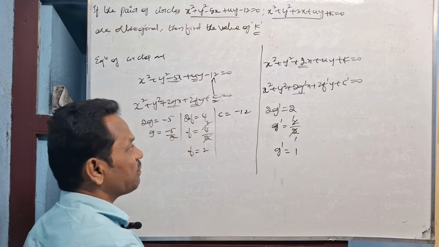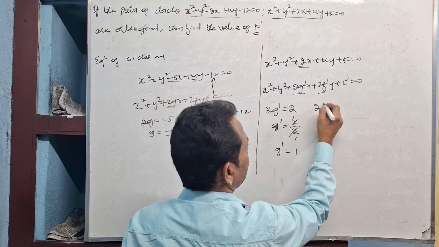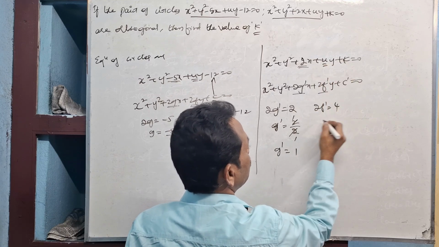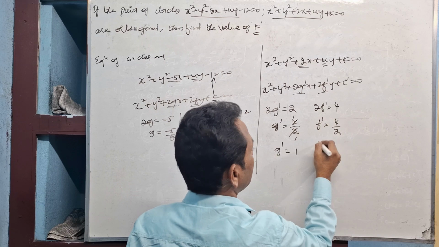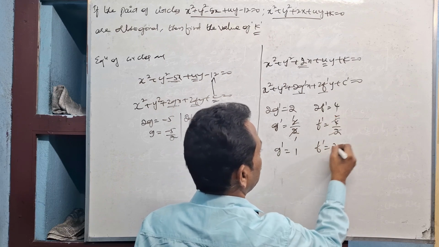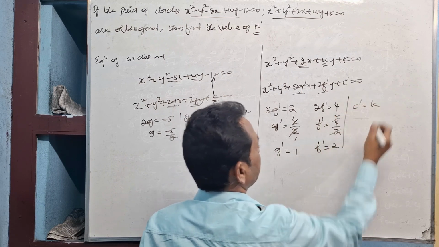Now let us compare 2f dash equal to 4, so f dash equal to 4 by 2, f dash equal to 2. Now c dash equal to k.